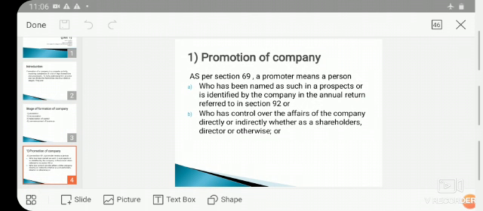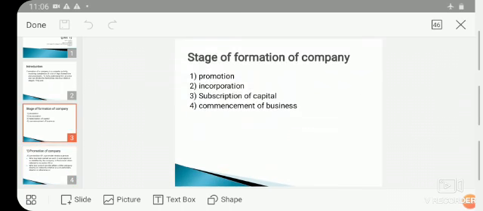But before going for promotion, we need to understand one point: as far as private limited companies are concerned, only the first two stages are applicable, which are the promotion stage and incorporation stage.